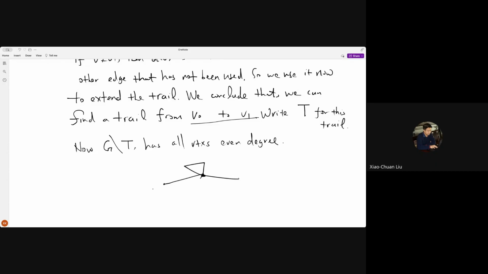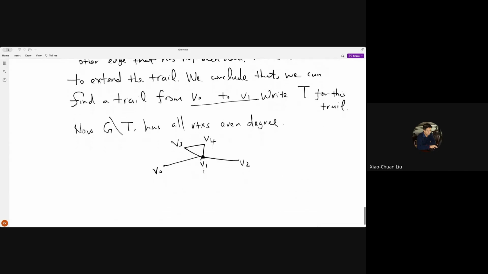This is V0, this is V1, this is V2, this is V3, and this is V4, for example. In our first step, we find a trial V0, V1, V2, for example. So you start from V0 and you end at V2, but it's not the whole graph. So this is our T. And G minus T is what? It is this triangle V1, V3, and V4.